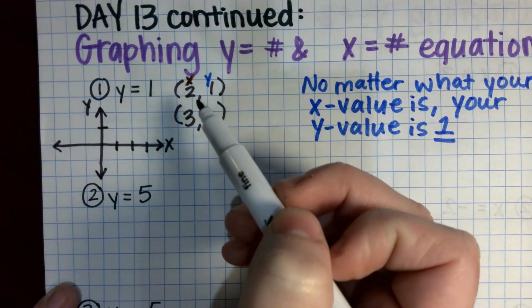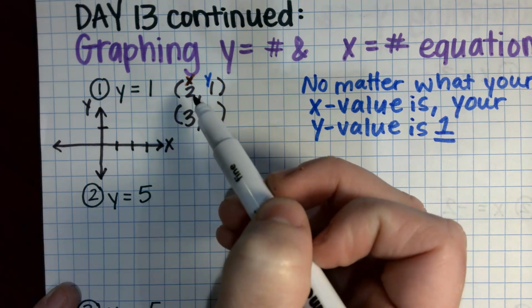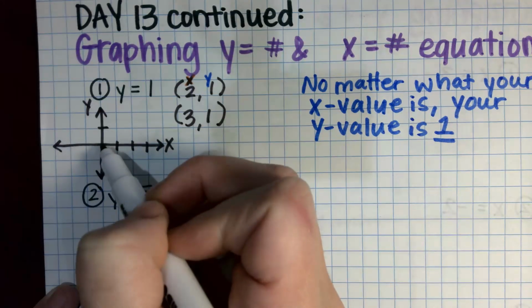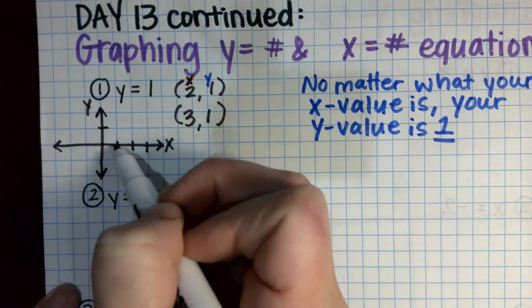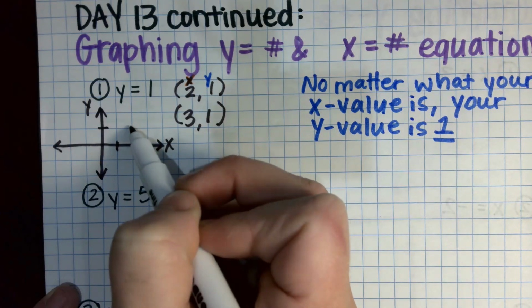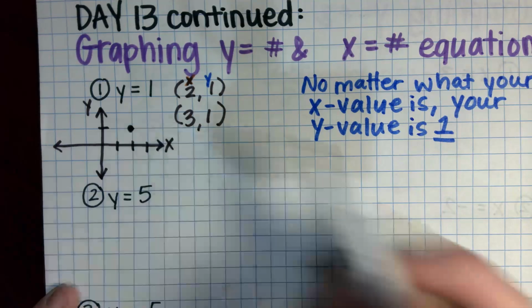Our first one is X is 2, Y is 1. So we're going to start at 0, and we want to go in the X direction 2. So 1, 2. And then we're going to go in the Y direction 1 right here. So there is our first point.